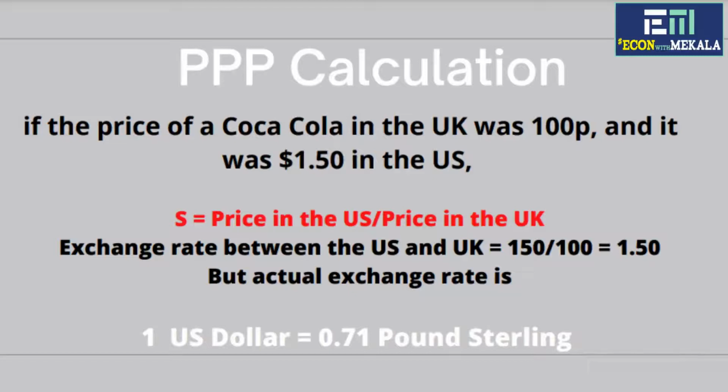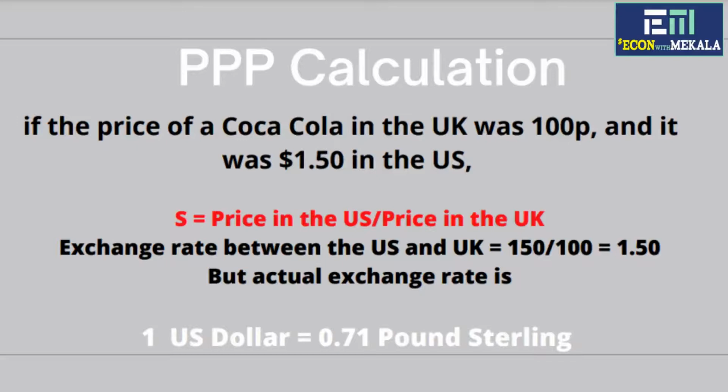It is the price in the US divided by the price in the UK. So the price in the US is 150 divided by the price in the UK, 100. Our answer is 1.50, which means a product priced at 1 in the UK is going to be priced 1.50 in the US.